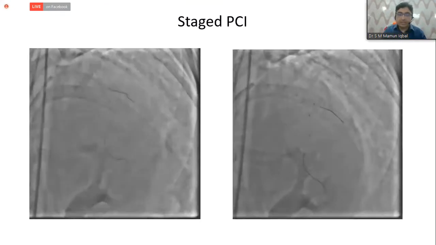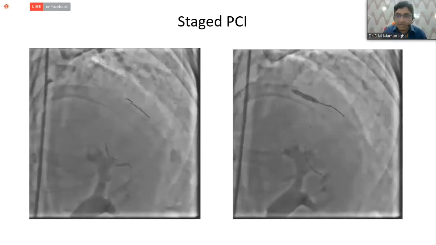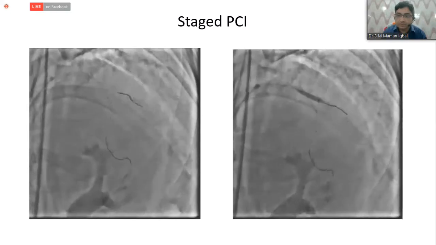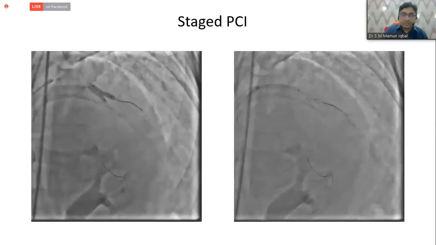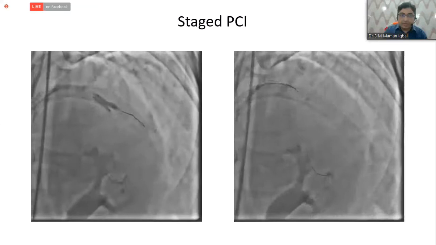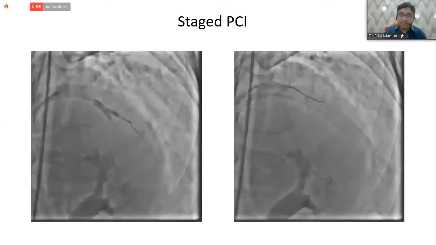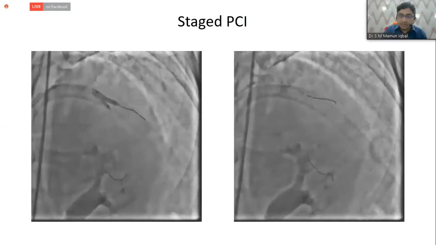Then the ostial strut of the diagonal was recrossed and reopened with a 3 into 15 millimeter balloon. The first kiss was done with a 3 into 15 millimeter balloon in the diagonal and a 3 into 15 millimeter balloon in the LAD, and the whole system from the diagonal was again taken out.